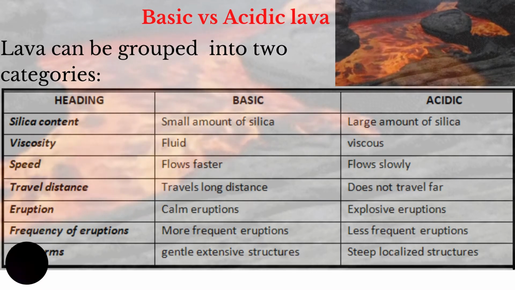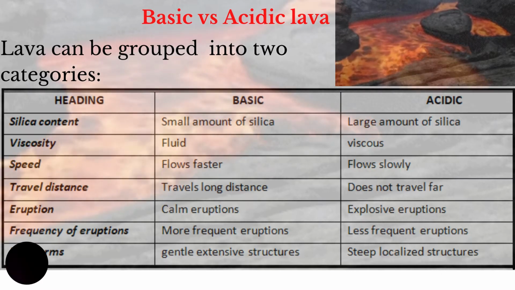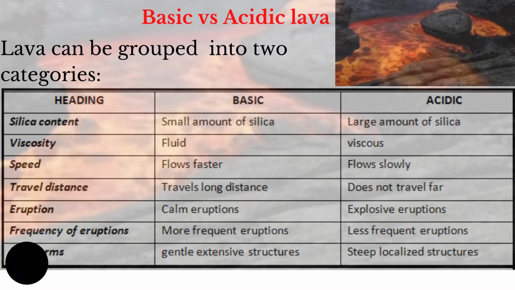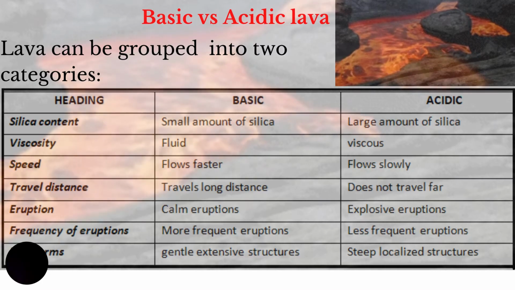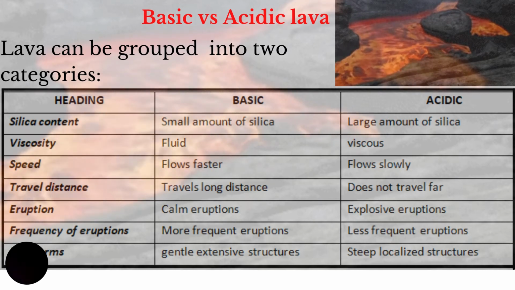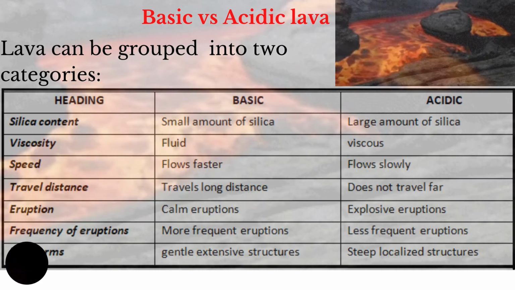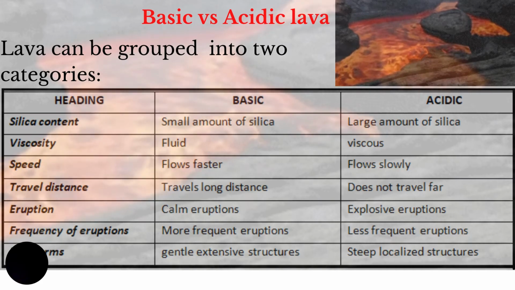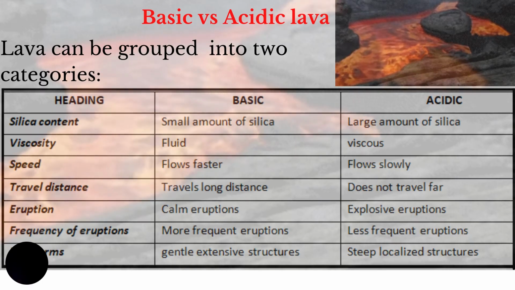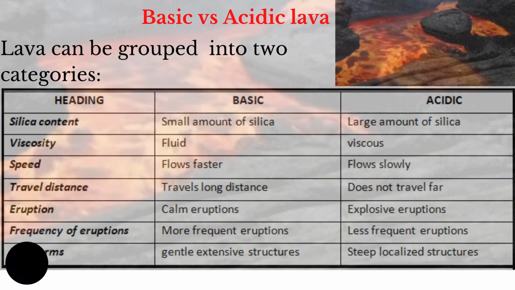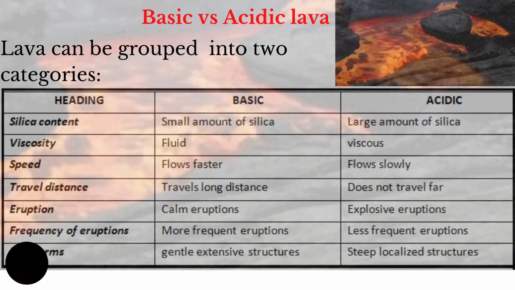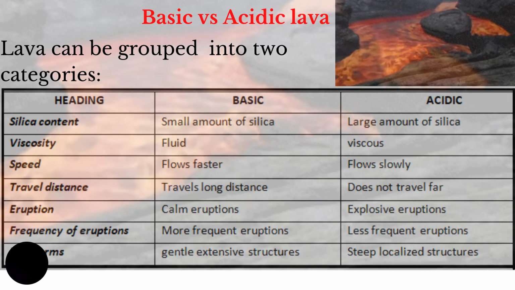Basic lava is therefore fluid in nature, while acidic lava is viscous in nature. Because of its fluidity, basic lava is able to flow faster, while acidic lava flows more slowly. Since basic lava is able to flow fast, it can travel over long distances before solidifying.